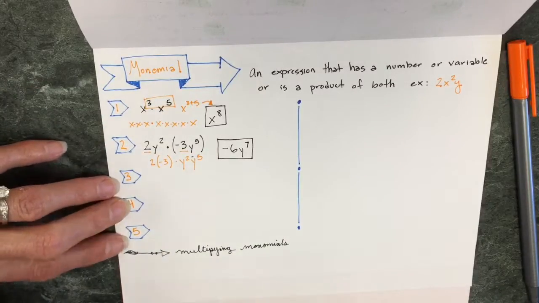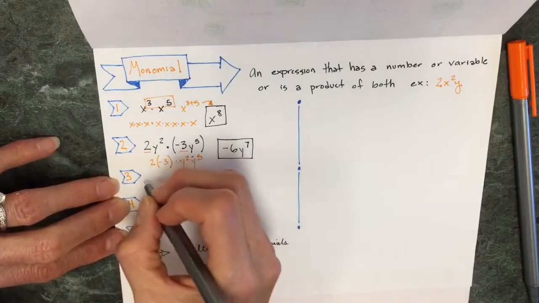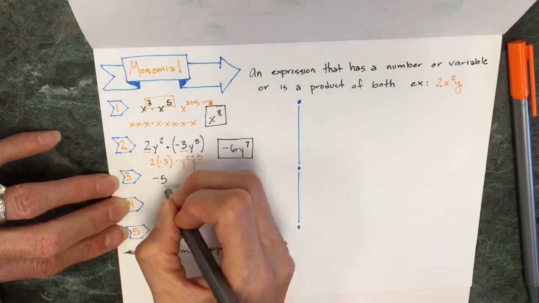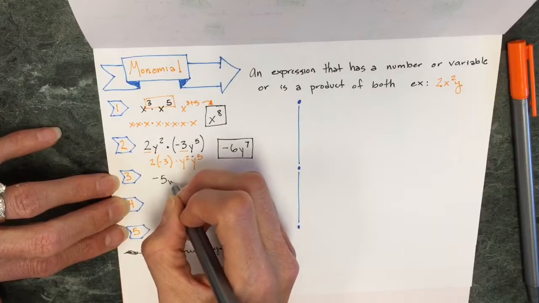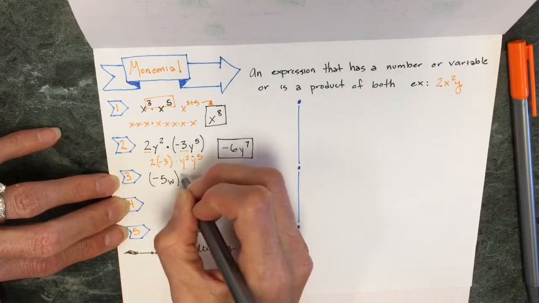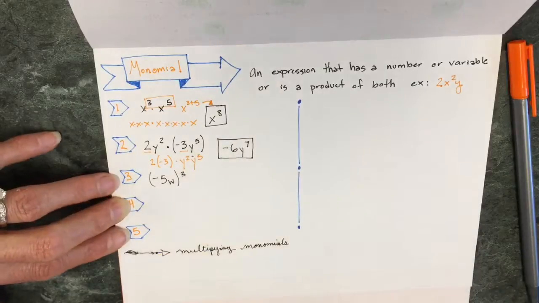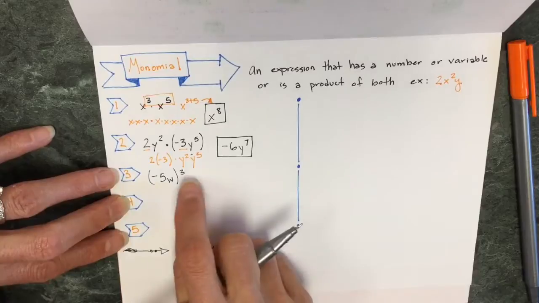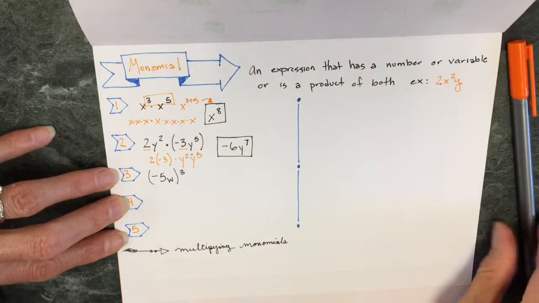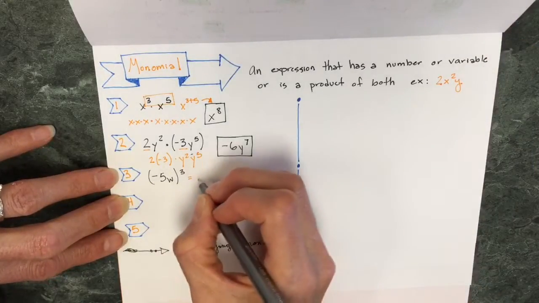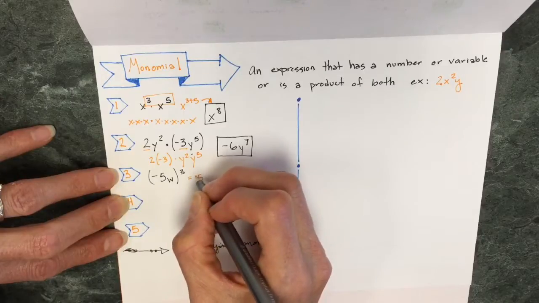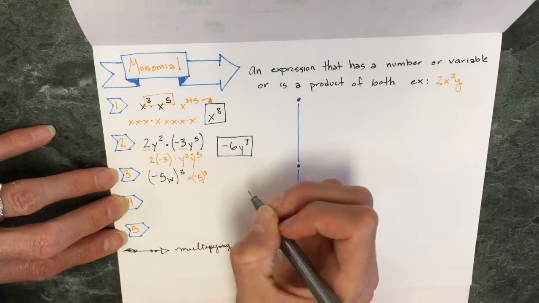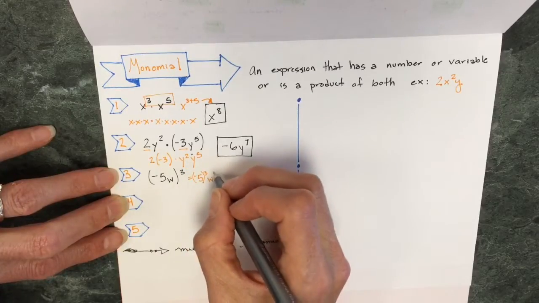All right, number 3. We're going to do a power to a power, or a monomial to a power. So negative 5w, and that whole thing is to the 3rd power. That means that negative 5 is to the 3rd power, and w is to the 3rd power.